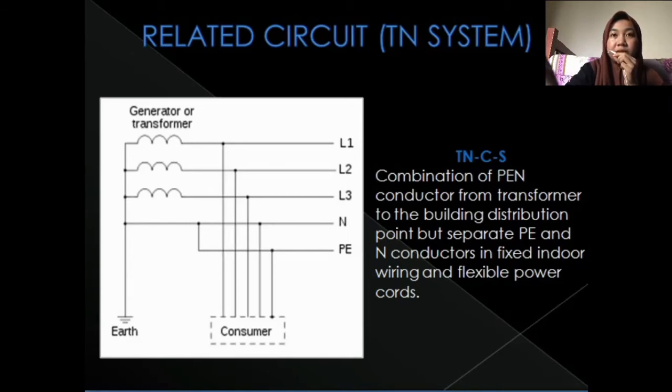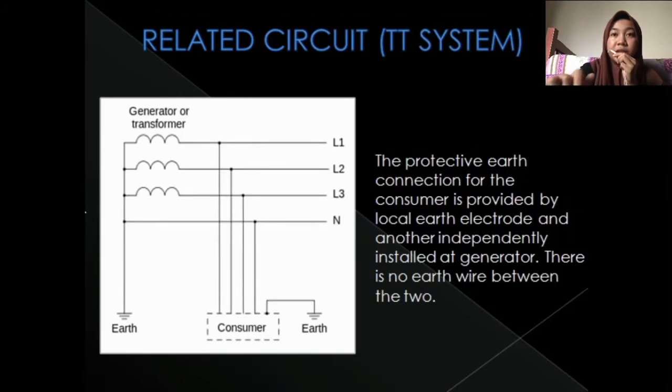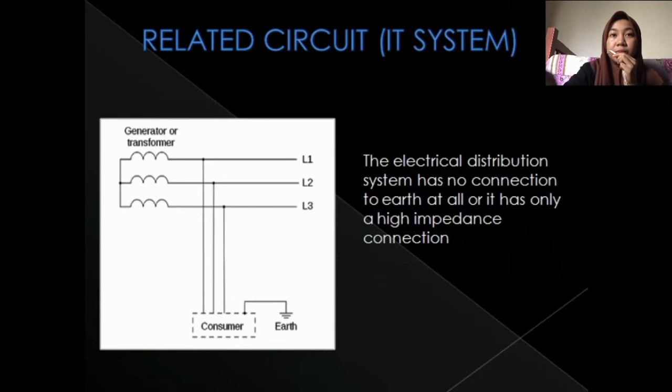And next, this is the related circuit for the TT system. For the TT system, the protective earth connection for the consumer is provided by a local earth electrode, and another is independently installed at the generator. There is no wire between the two. Next, the related circuit for the IT system.